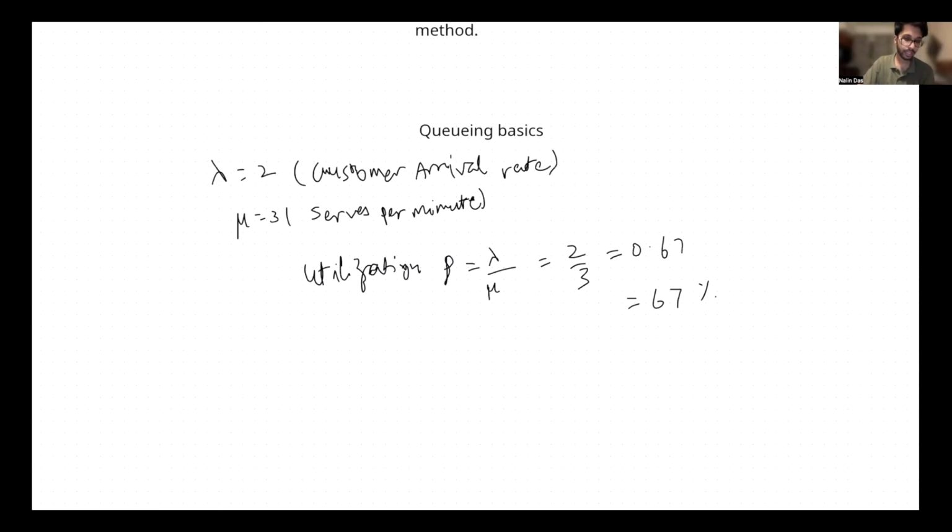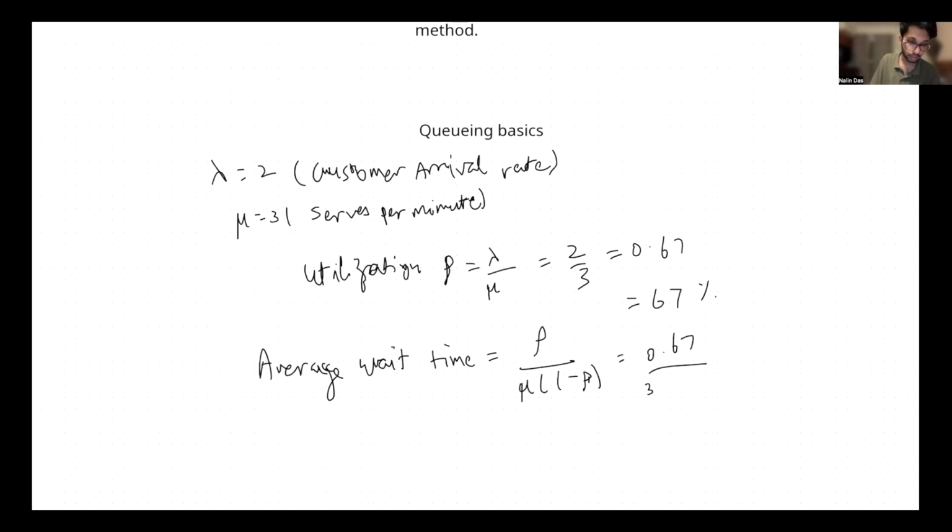Now let's calculate the average wait time. So the average wait time would basically be rho upon mu into 1 minus rho, which is basically equal to 0.67 divided by 3 into 1 minus 0.67.